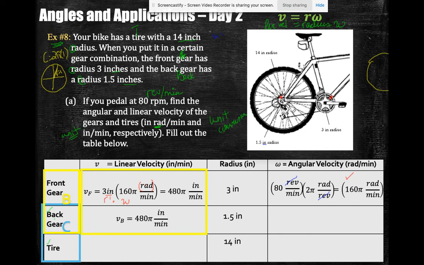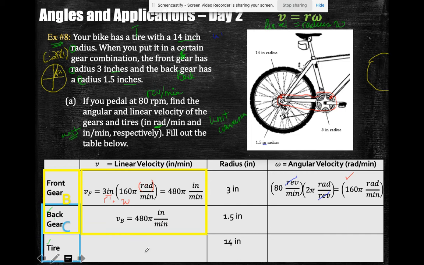As you pedal, the small gear has to turn much faster to keep up with the big gear, and it keeps up because it is connected with a belt. Think of a coin or something that you can put on there and visualize spinning on each one of those circles. So I'm doing pretty good with my chart, right? Because I got the linear velocity of the front gear, I've got the linear velocity of the back gear.